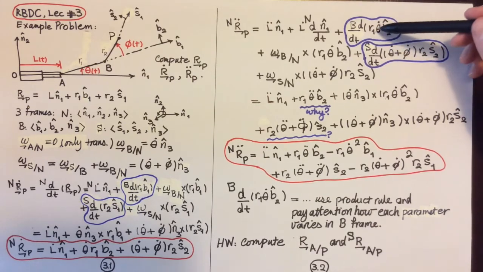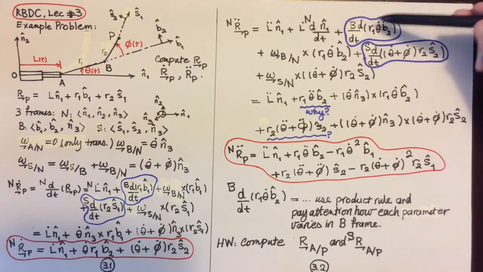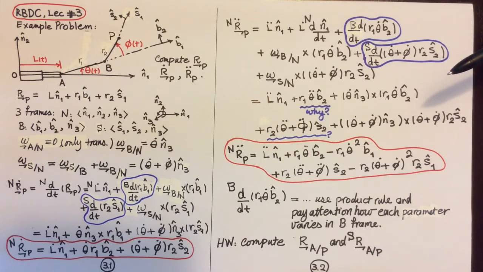If you look at this term closely, you have R1 theta dot B2 hat, and you're supposed to differentiate this term in the B frame. The first step, as always, is to use the product rule.